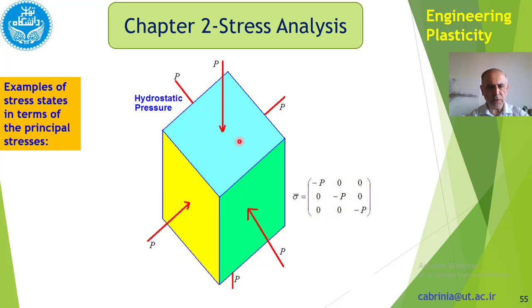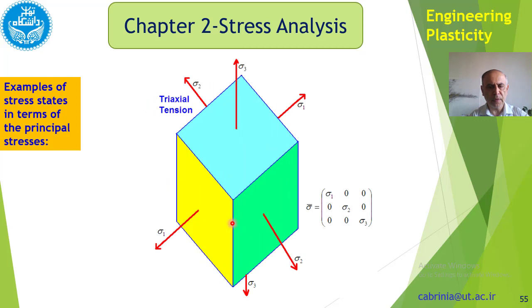In hydrostatic pressure, obviously, we have pressure applied to the body from all around. Here we have the opposite of hydrostatic pressure, which is triaxial tension, and the components of stress here are positive.